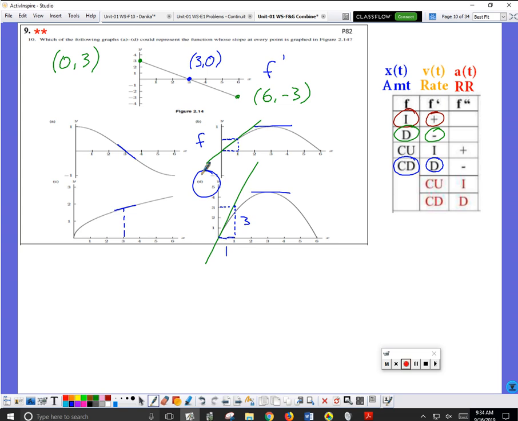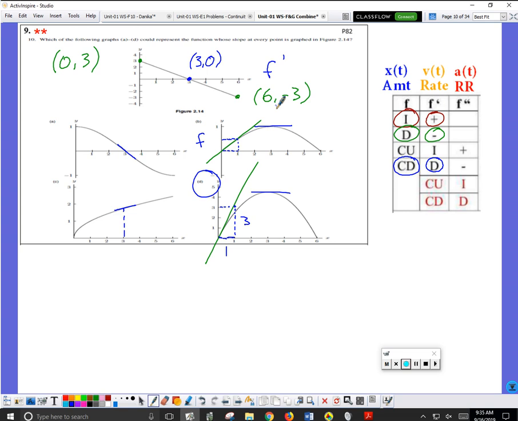So just nod if it makes sense. Are you clear that because this point on, remember, graphs are just points, this point on f prime is 0, 3? But what that tells you about f is when x is 0, the tangent slope has to be 3. So I came here and I did my best to draw what the tangent slope would look like. Slope is rise over run.